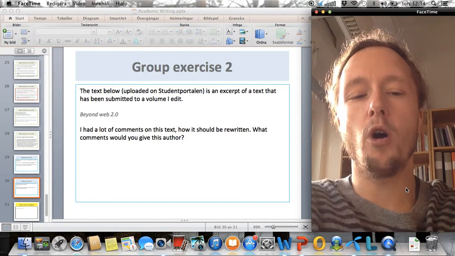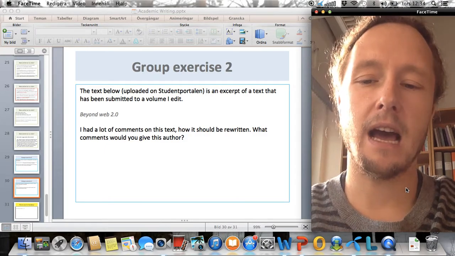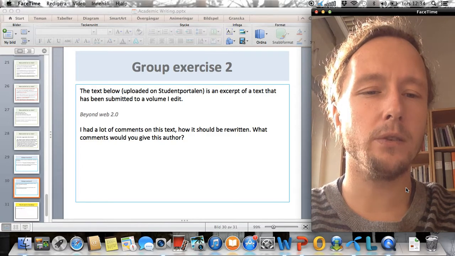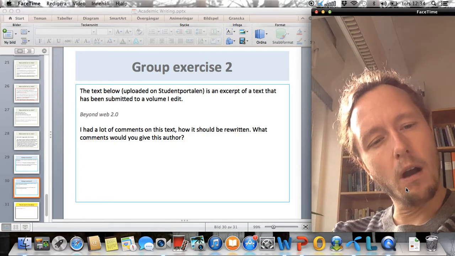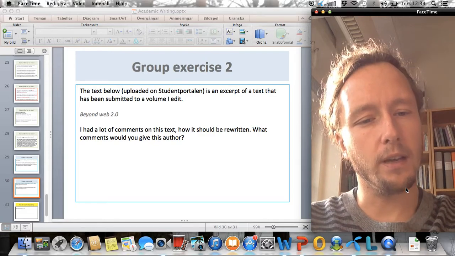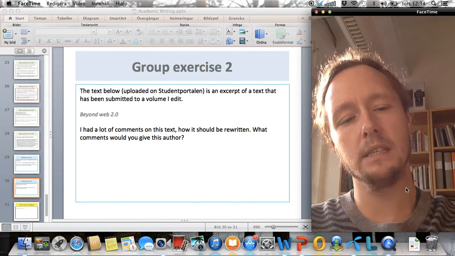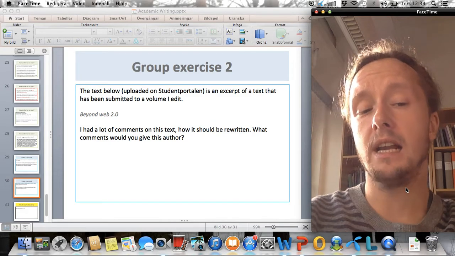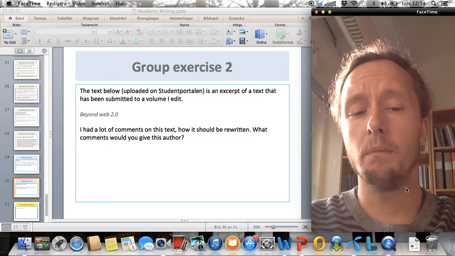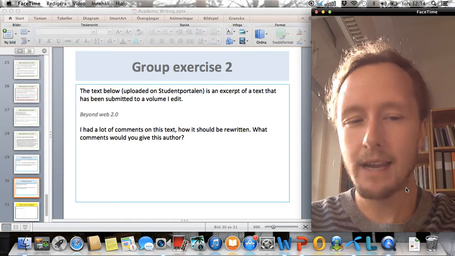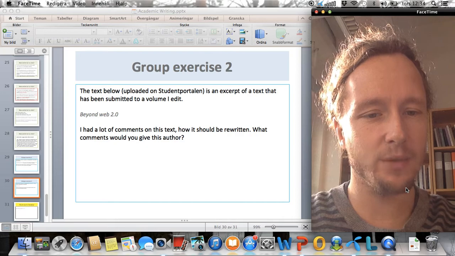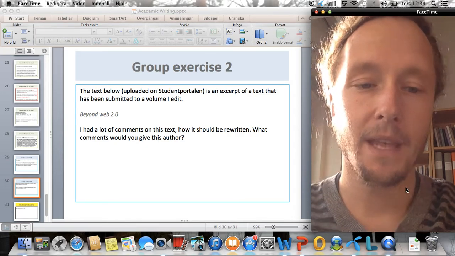So I provided a lot of comments on this text. And I would also want you to read this text and think about what comments you would give to the author here. What do you think works and does not work with this text? So in this way, when we discuss this in class on the 18th of November, you will also get an idea how we think about judging the quality of a text, what needs to be done, etc.